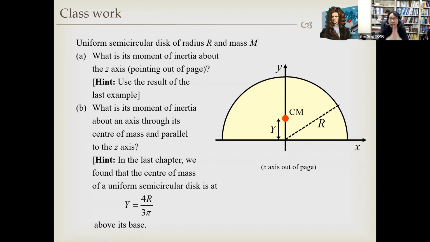Now let's answer the first question together. What do you think is the answer? I'm now considering this axis. What is the moment of inertia of the semicircular lamina about this axis?